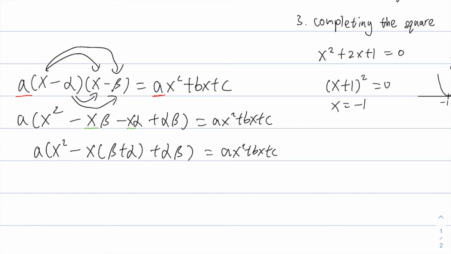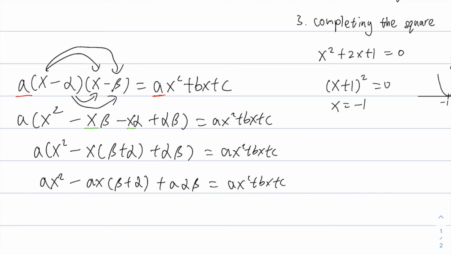We expand the brackets: ax squared minus ax beta minus ax alpha plus a alpha beta is equal to ax squared plus bx plus c. Looking from here, it seems like we're done, but we can actually connect the left hand side with the right hand side, like finding some relationship.